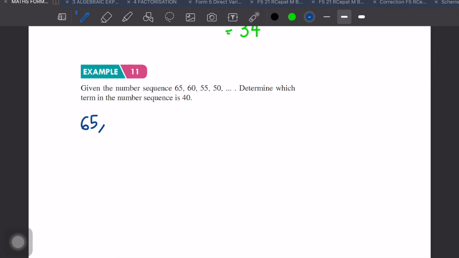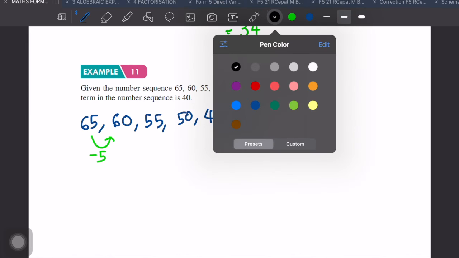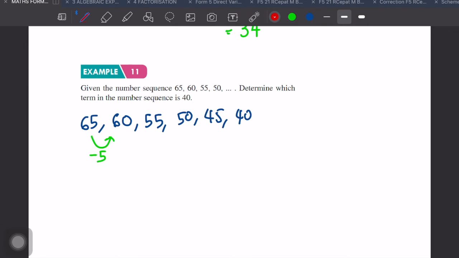For the next number, you need to subtract 5, so you will get 60. The next number, subtract another 5, so you will get 55, 50, 45, 40.